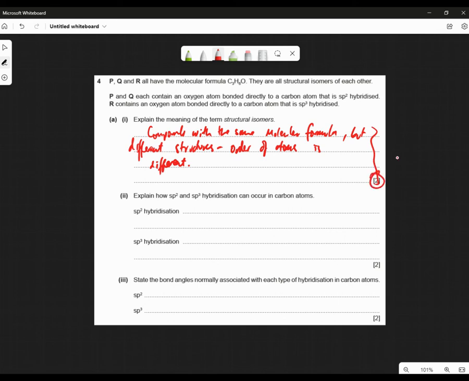Explain how the sp2 and sp3 hybridization can occur in carbon atoms. How do we get sp2?